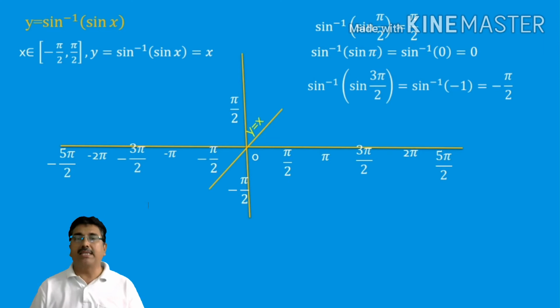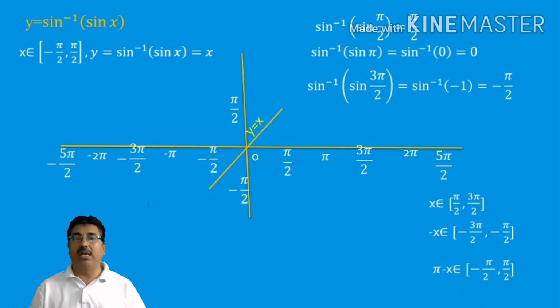Also, x belongs to the closed interval pi by 2 comma 3 pi by 2, so pi minus x belongs to the closed interval minus pi by 2 comma pi by 2.